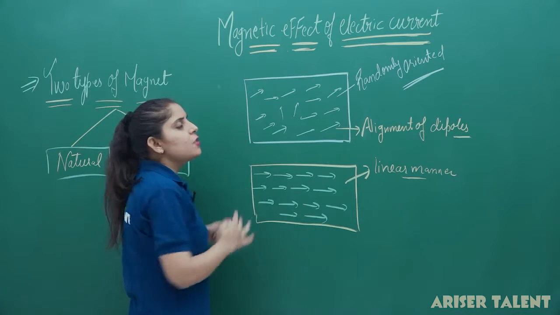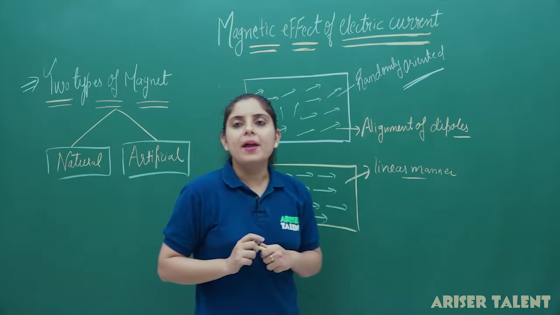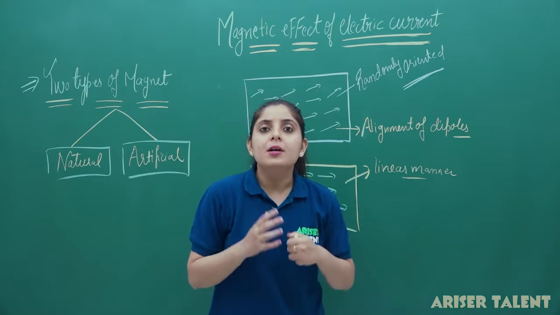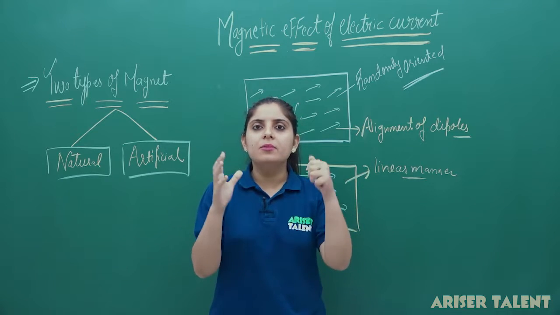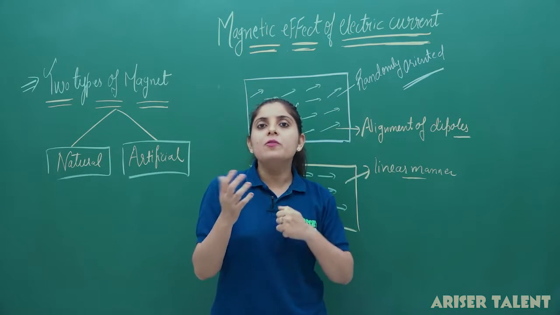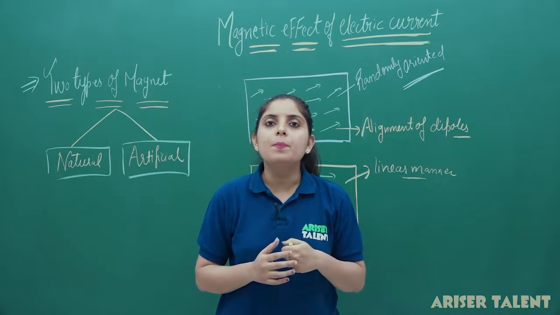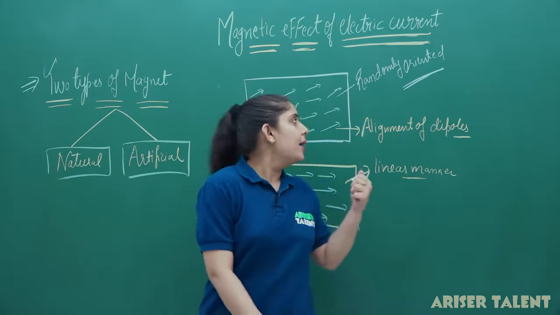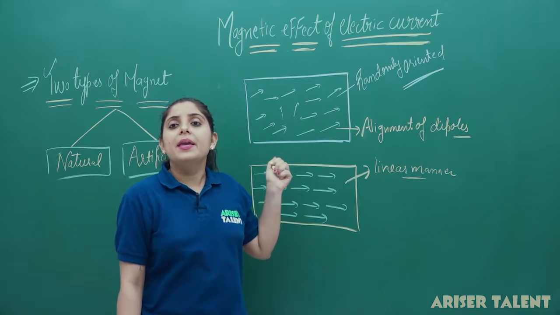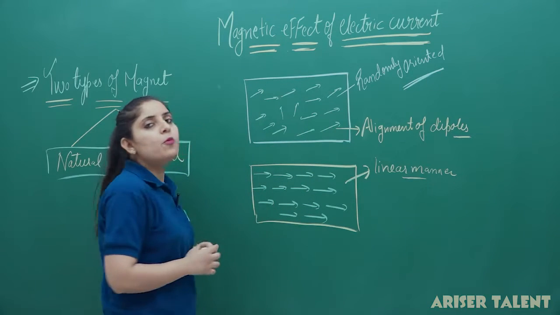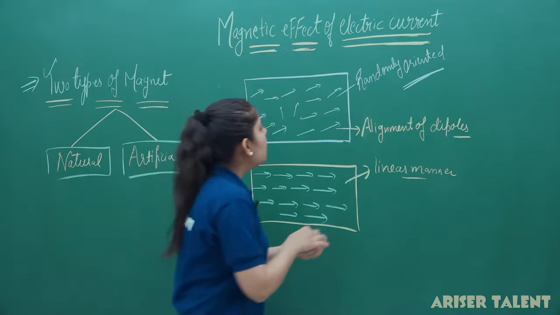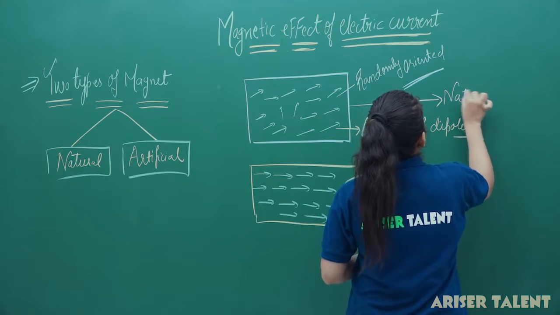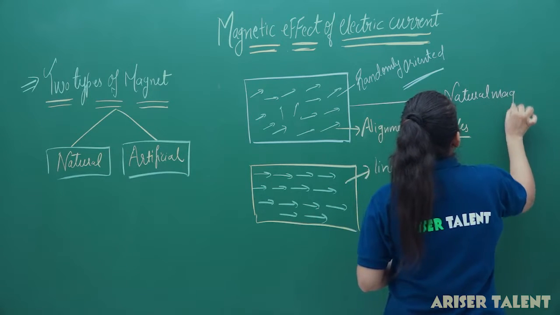Now, in case of the natural magnet, we have two drawbacks here. Firstly, the dipoles are not correctly aligned, so the magnet is of weak quality. A weak quality magnet is not used for purposes like industries and factories or for making machinery parts. This alignment will make it very poor in machinery parts. So this is our natural magnet, and we have two drawbacks here.